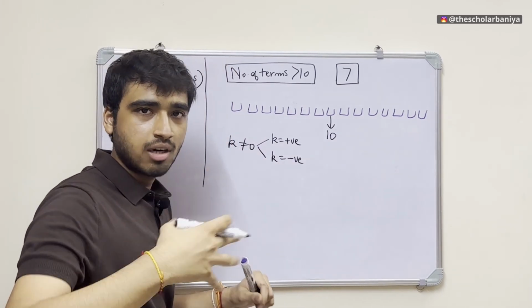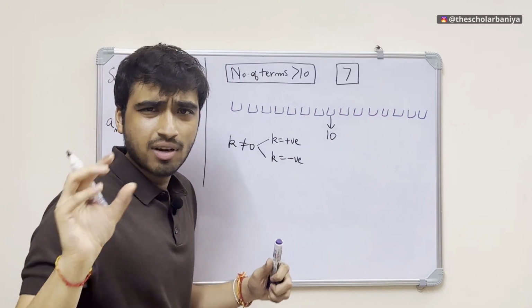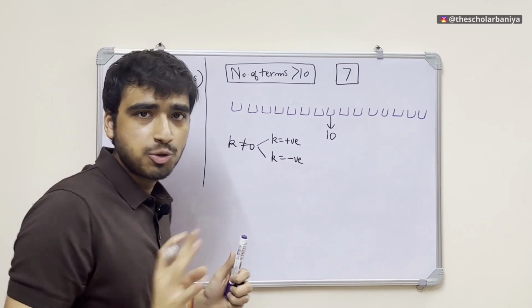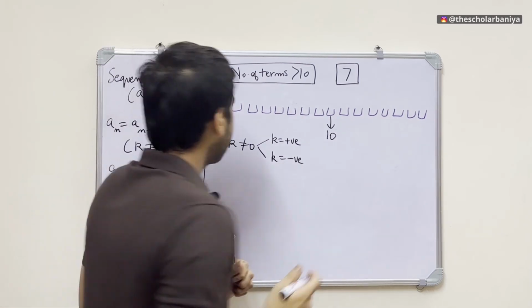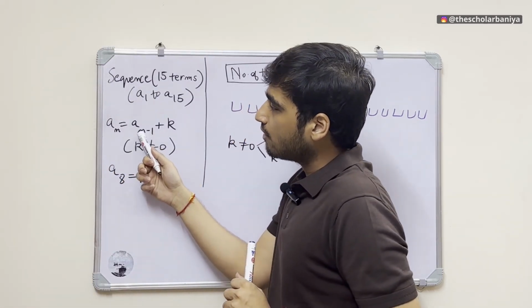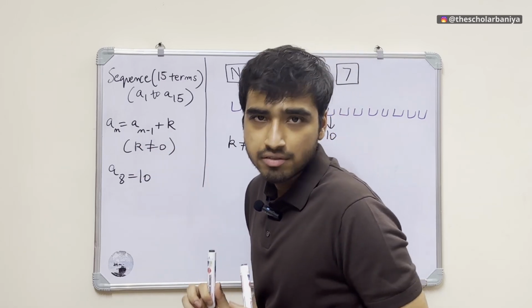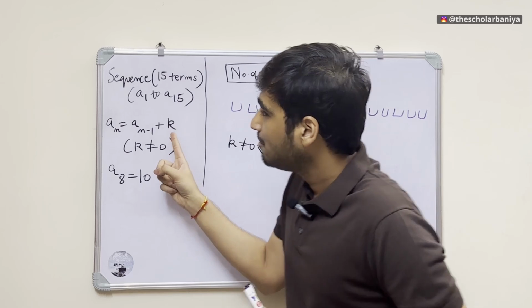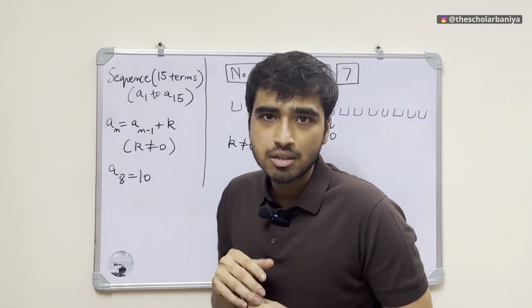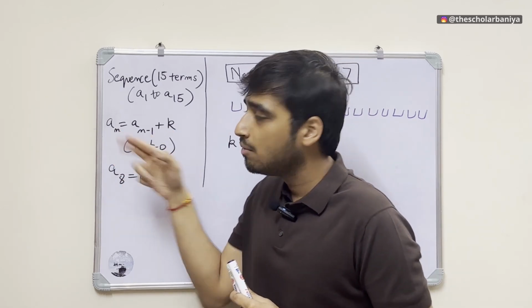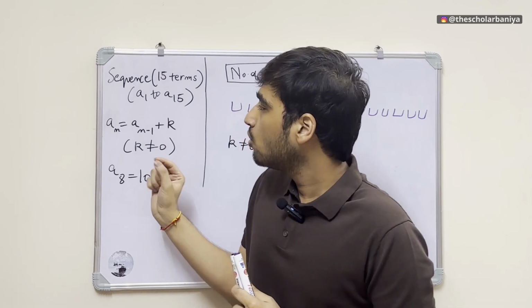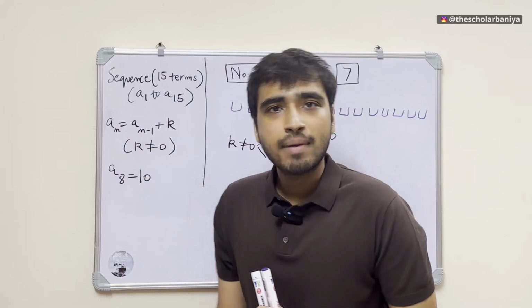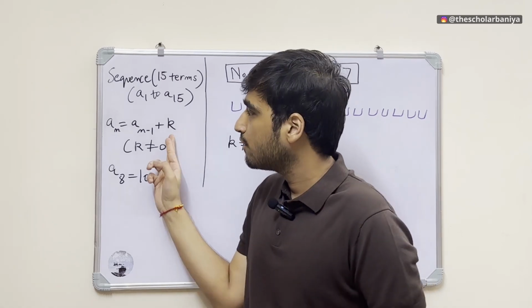It can be plus 1, 2, 3, 4, plus 0.1, whatever, positive, or it can be negative. Now, let's suppose k is positive. That means the previous term plus k will be the next term. So one thing is for sure, that an will be greater than an-1 if k is positive.